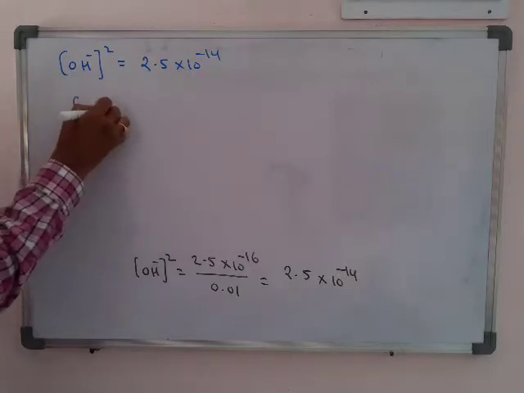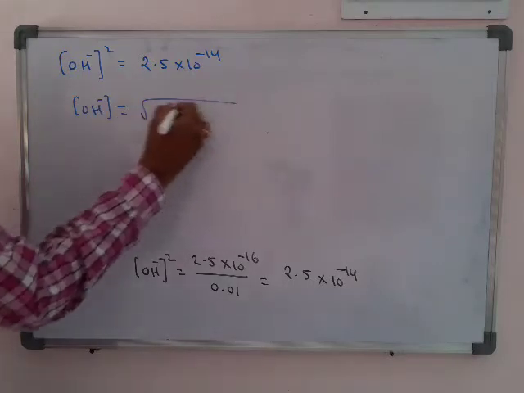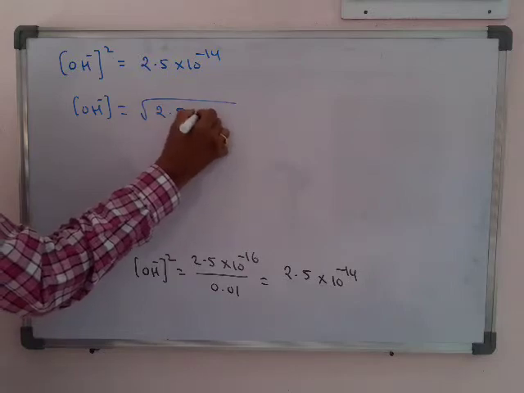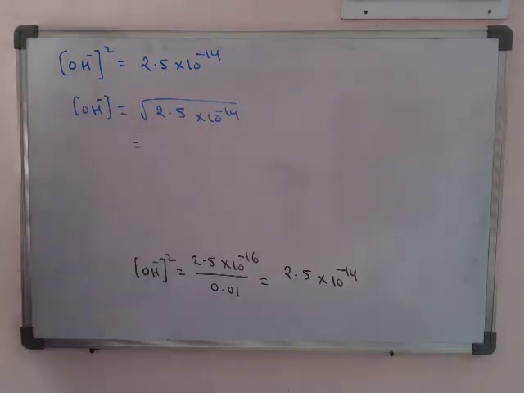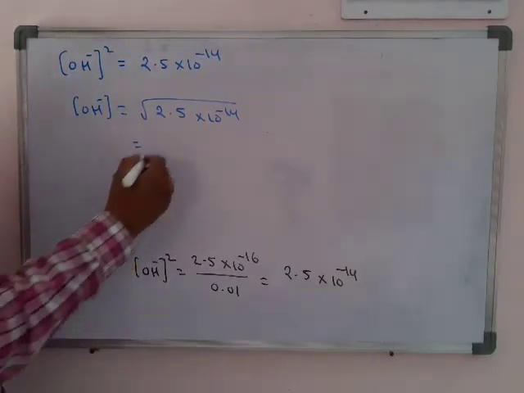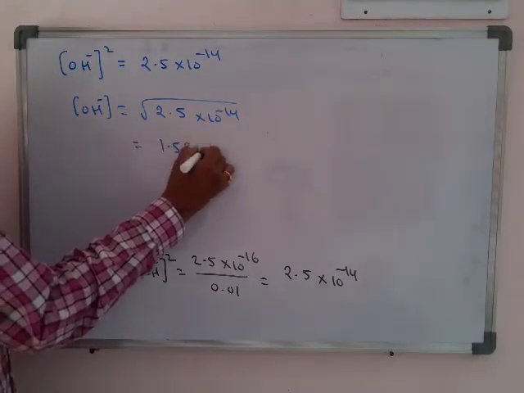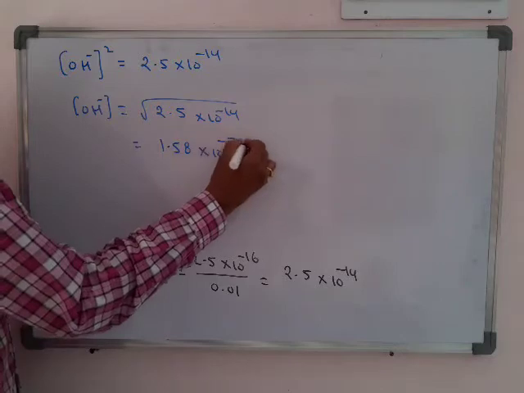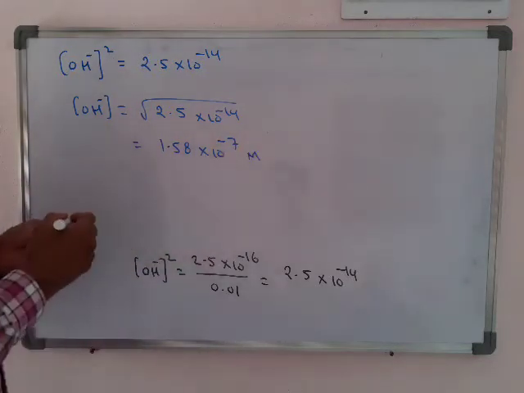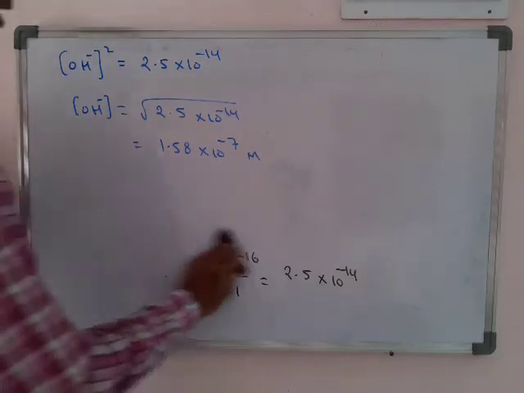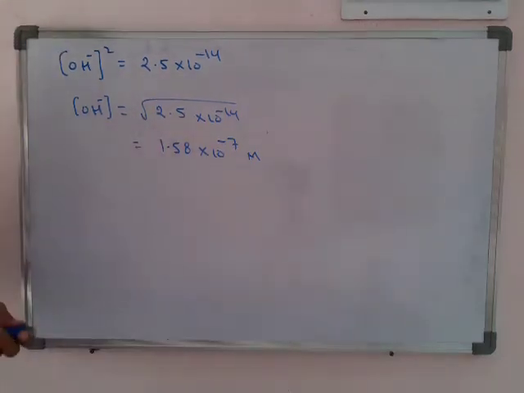It's simple. What is OH minus? Here root 2.5 is 1.58, and minus 14 means it's minus 7. So this is the OH minus concentration. This is taken as step 1. Now go to step 2.